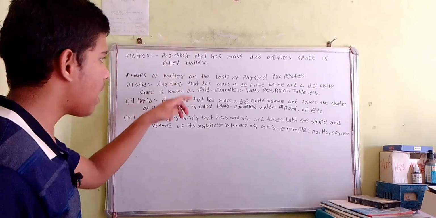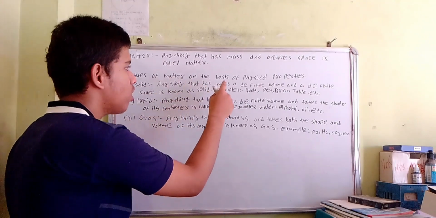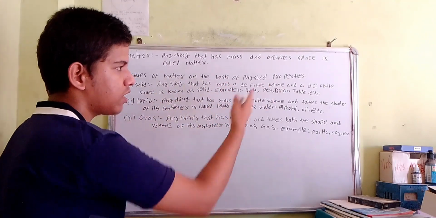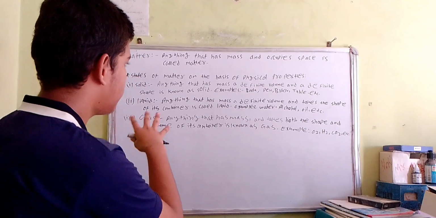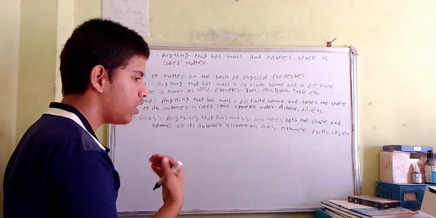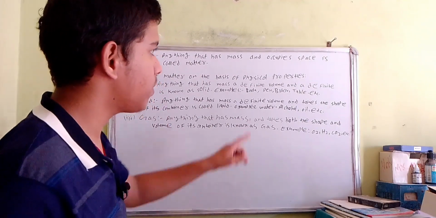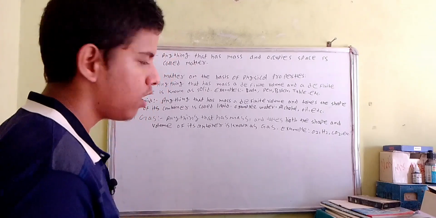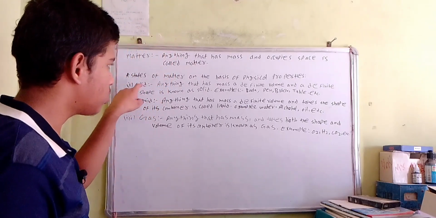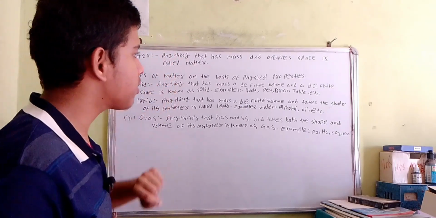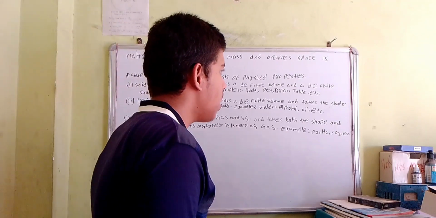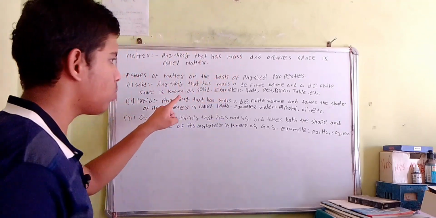Now, states of matter on the basis of physical property. There are three states of matter on the basis of physical property. The first state is solid. Anything that has mass, a definite volume, and a definite shape is known as solid.